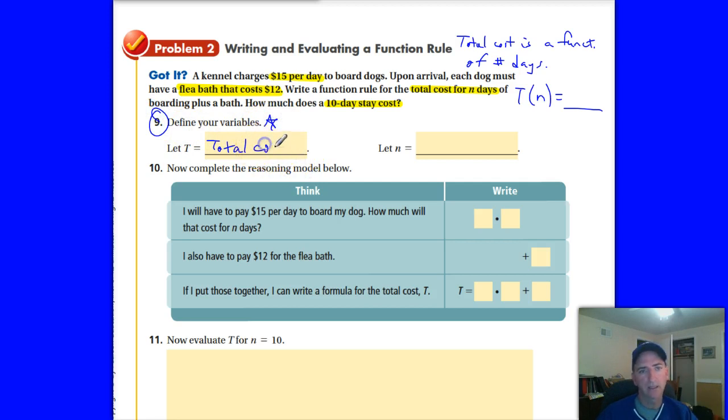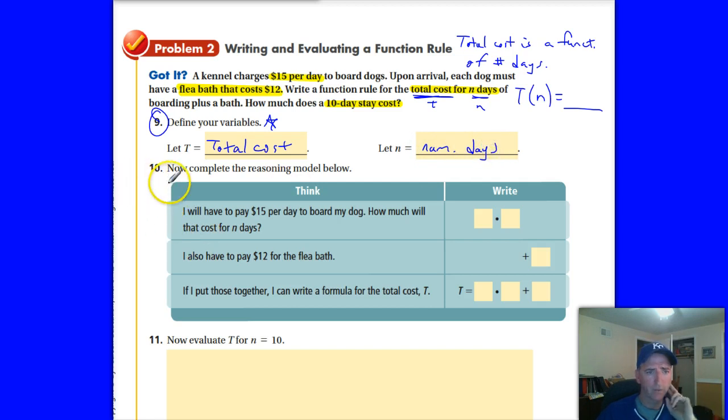T, total cost. It's always going to be in the problem too. It's going to be the things that are the variables. Total cost, there's T. Number of days is N. There's 1 point for you if you just do that on a test or a quiz with a word problem. N, number of days.